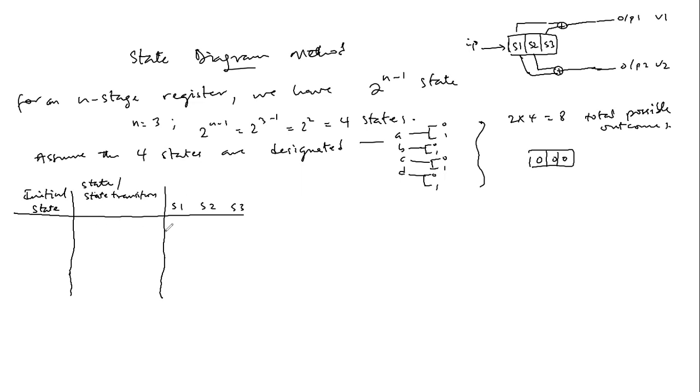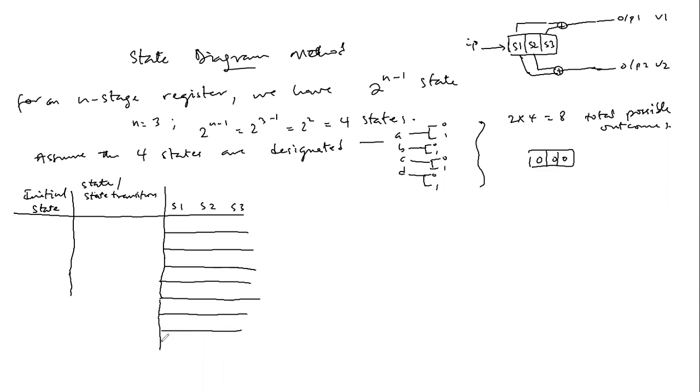So here, 1, 2, 3, 4, 5, 6, 7, 8. So something like this.